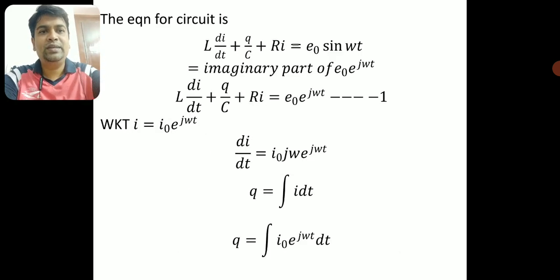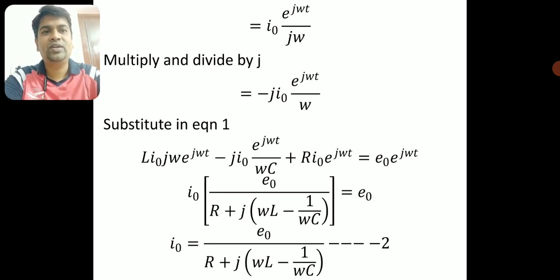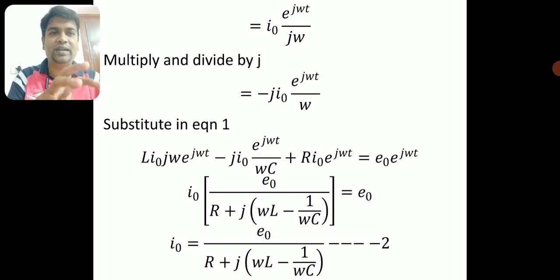The second term is q by c. Q I can substitute as minus j I naught e to the power of j omega t by omega. C I will take as it is. Plus across the resistor it is I into R. I know the value of I. I is I naught e to the power of j omega t multiplied by R, is equal to E naught e to the power of j omega t.